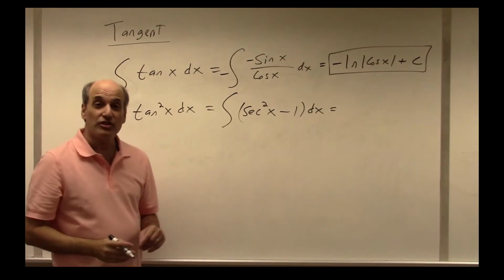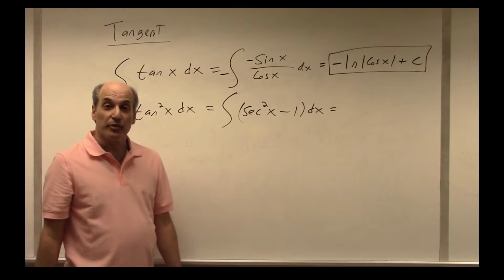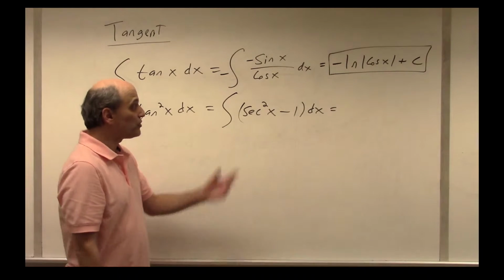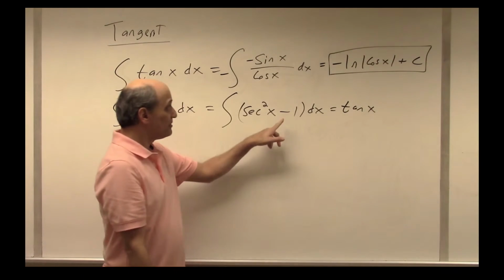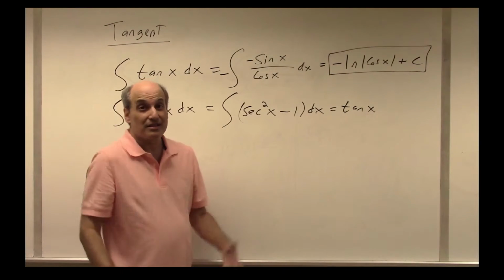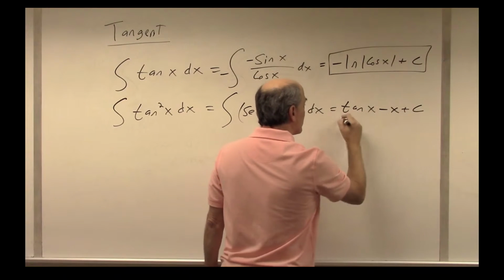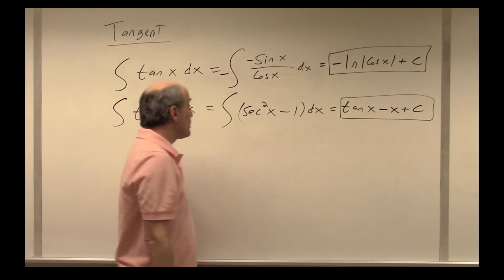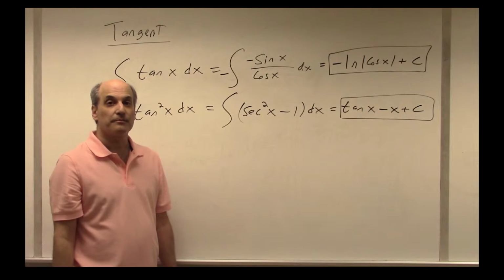And each of these terms is now very easy to integrate. Secant squared is the derivative of tangent, so the integral of secant squared is just tangent. And the integral of 1 dx is just x. So tangent squared integrates as tangent of x minus x plus the constant.